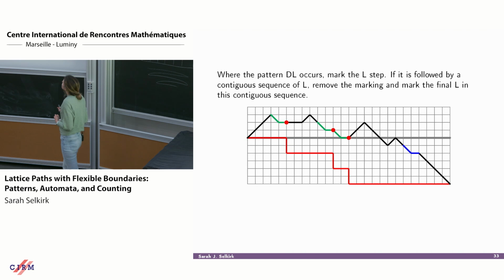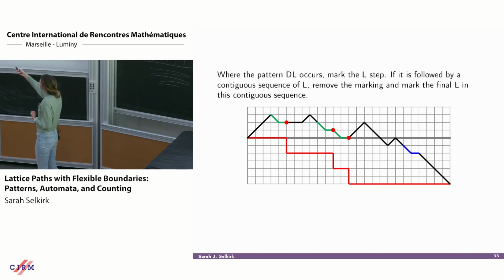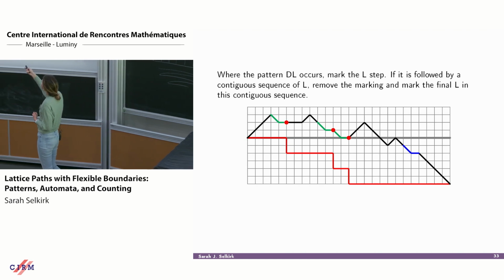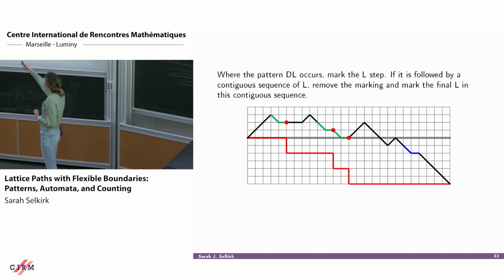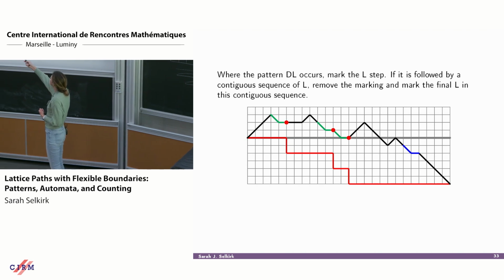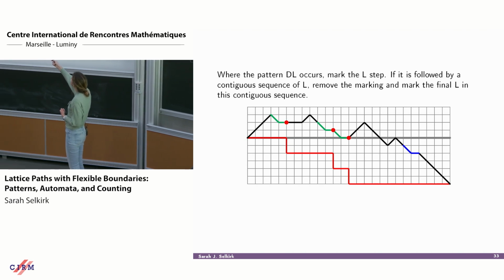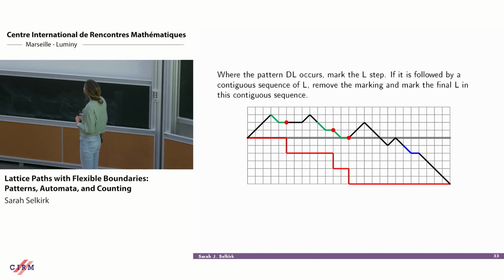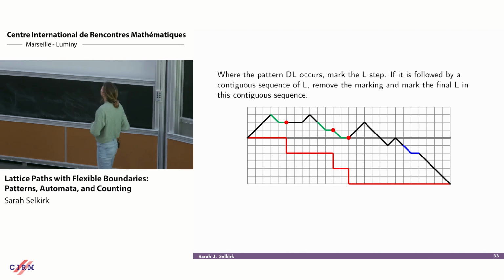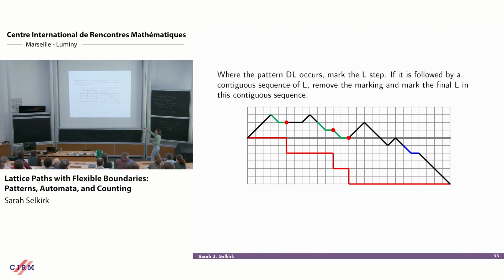And then what we're going to do is look at all of the down steps which were originally down steps, and we're going to mark the level step associated with it. I'm saying left. It's not even moving left. Level, good, whatever. So we're going to mark the level step that's associated with it. Okay?